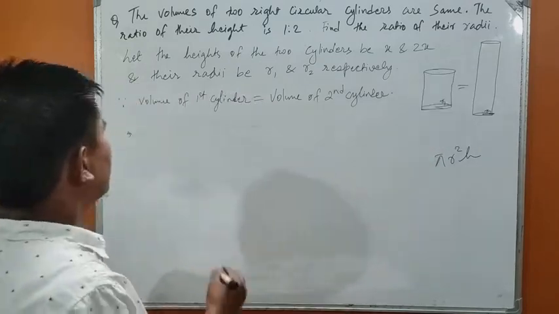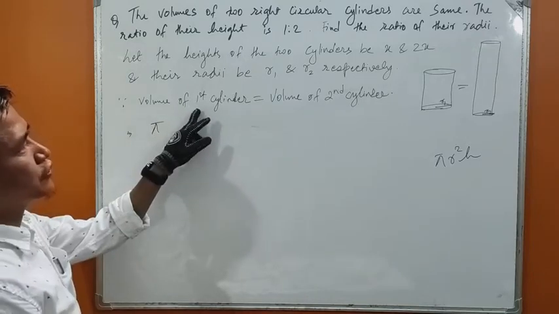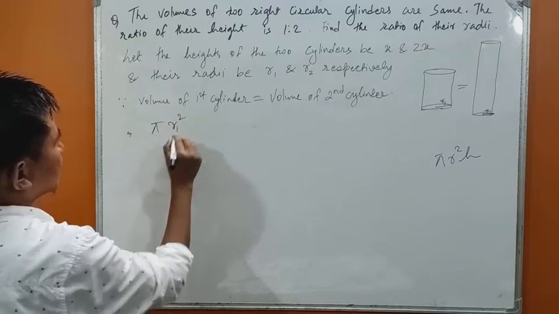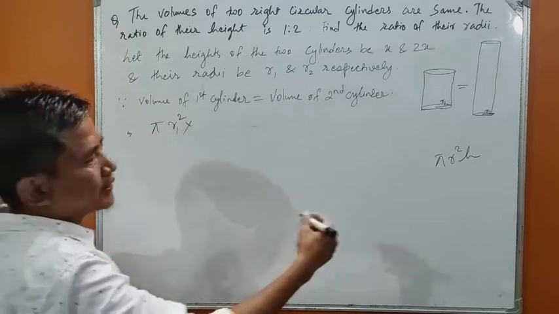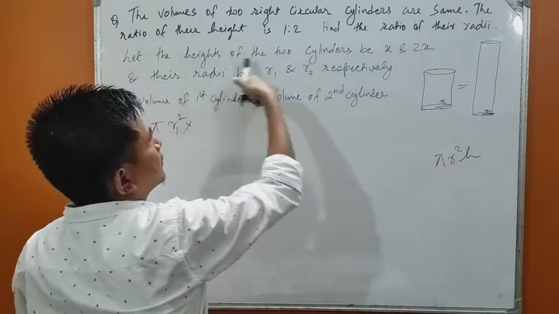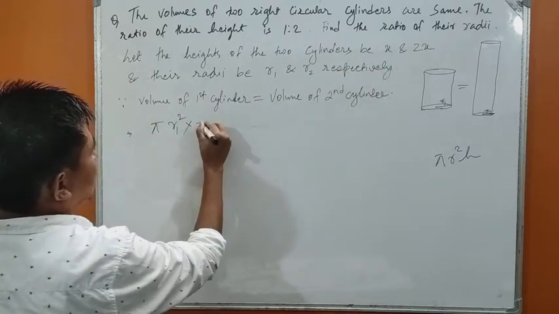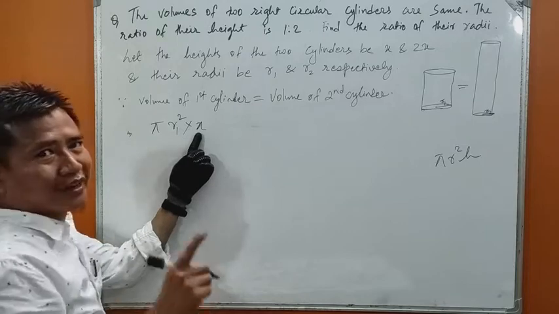So pi, and the radius of the first cylinder is r1, isn't it? So pi r1 square into h. What is h? H means height. What is the height of the first cylinder? The height of the first cylinder is x. Pi r square h, are you getting me?